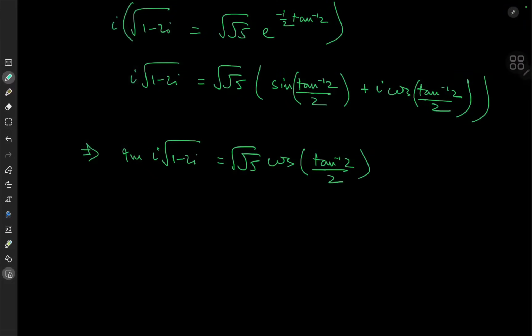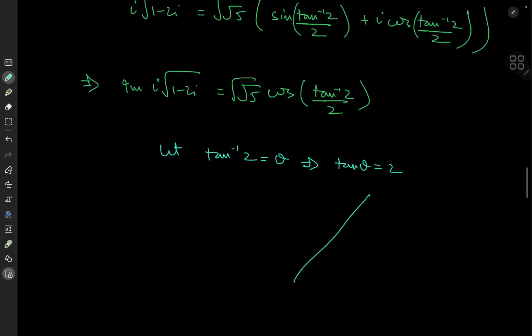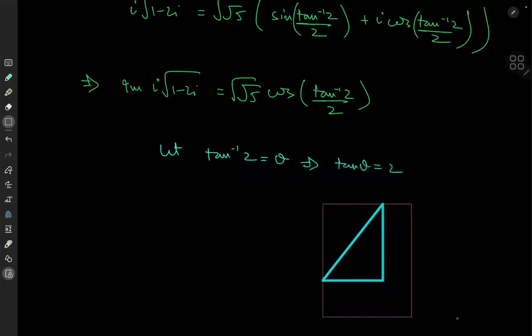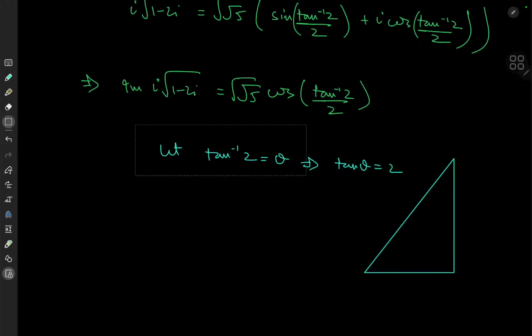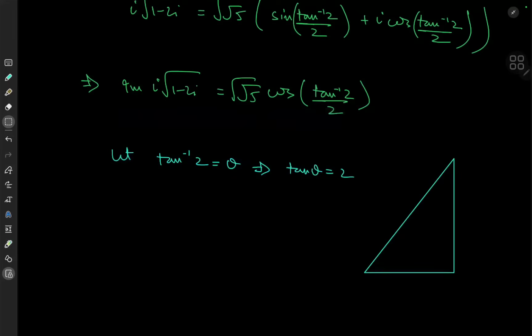So let arctangent of 2 equal theta, but that implies that tangent of theta is equal to 2. In other words, you have a right triangle with an acute angle. That did not look right at all. This looks more right. And I could expand this a little bit, move stuff around, just my OCD kicking in.